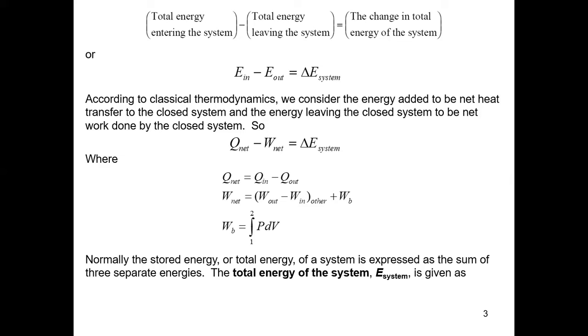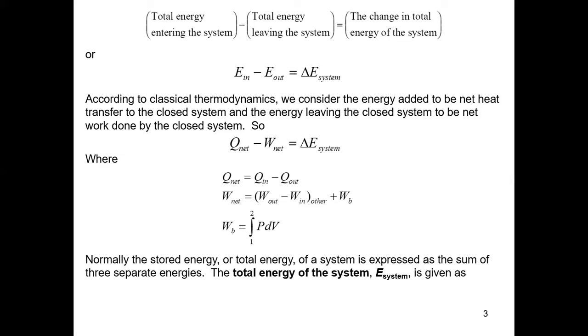It is the net work done by the closed system, and the change in energy is Q net minus W net. Therefore, Q net is equal to Q in minus Q out. Of course, the net energy coming in is Q in minus Q out.